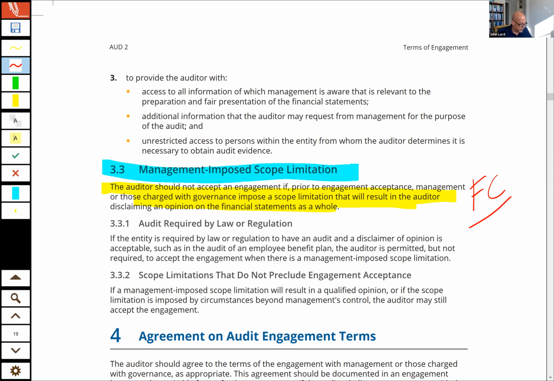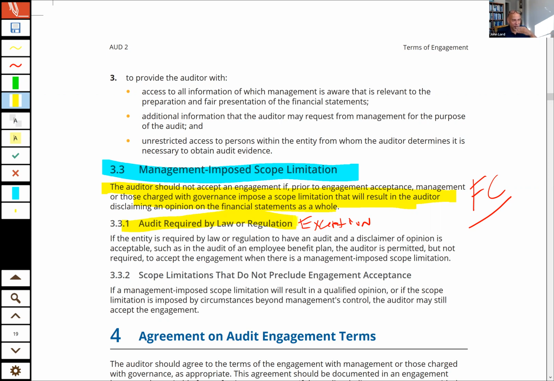Okay. Now, there is an exception to that. The exception is if the audit is required by regulation or law. For example, the CFO legislation says that my old office, the GAO, is going to be the auditor of record of consolidated financial statements. So the GAO can't not take that engagement because the law says so.